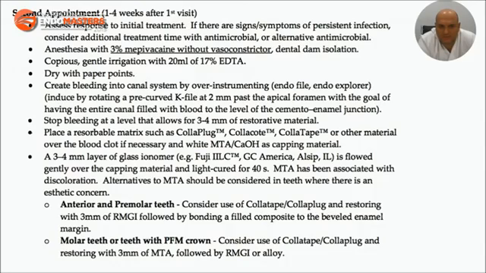Then dry the canal with paper points, induce bleeding, and place a resorbable matrix over the blood clot, such as CollaPlug, CollaCote, and CollaTape. And then a 3 to 4 millimeter layer of glass ionomer to protect the MTA. And then monitor the case.